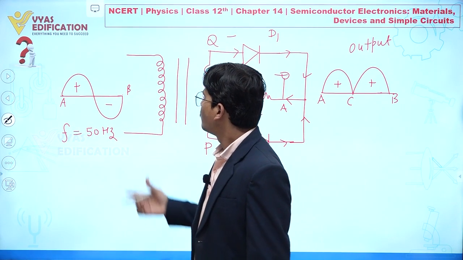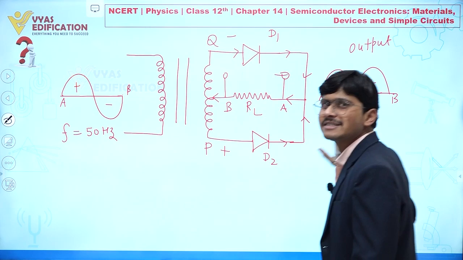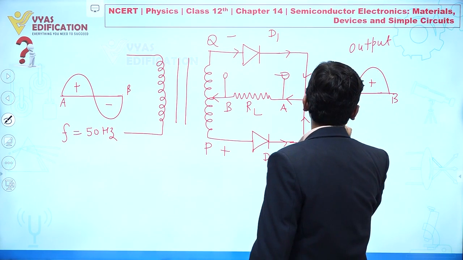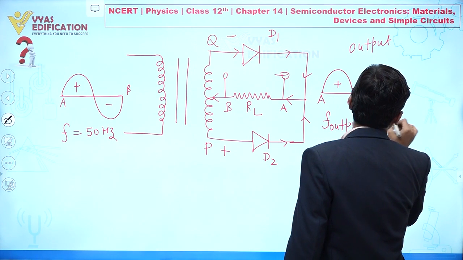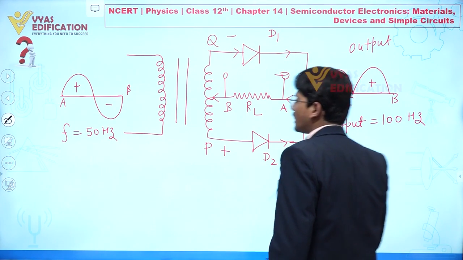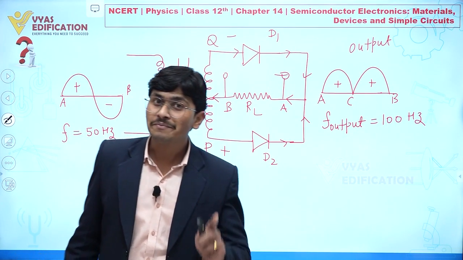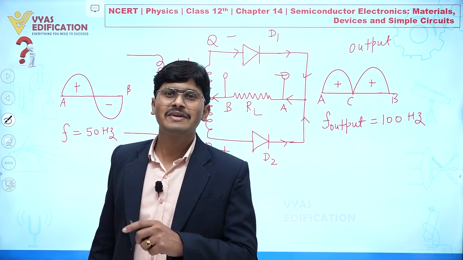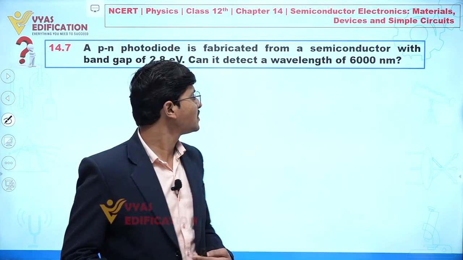It means whenever one cycle is completed on the input side, at the same time 2 cycles are completed on the output side. So I can say the frequency of the output is equal to 100 Hertz. So in a half wave rectifier you will find the same frequency, 50 Hertz, and in a full wave rectifier you will find 100 Hertz. So this is all about this question.